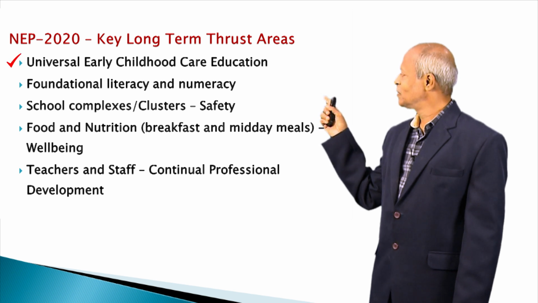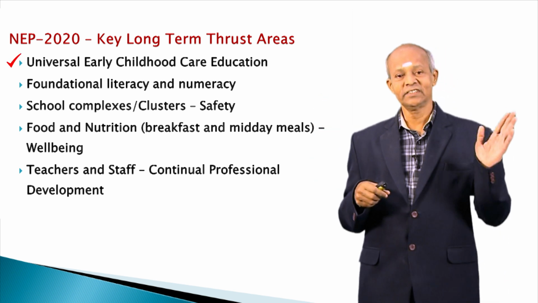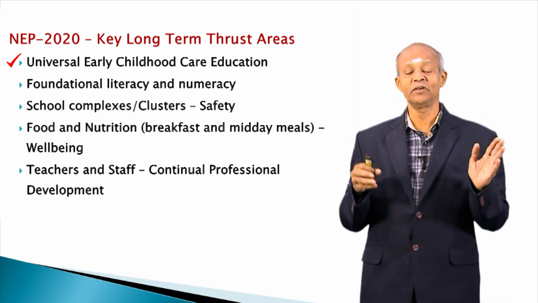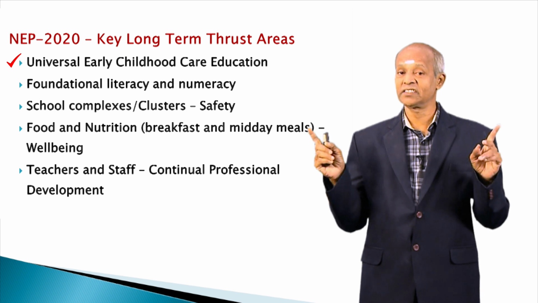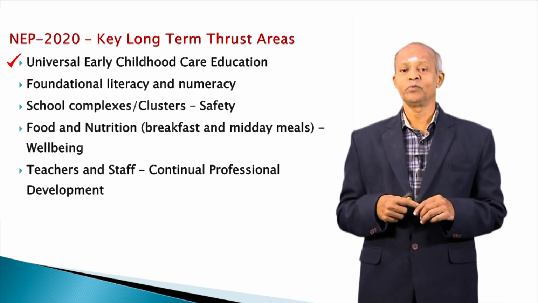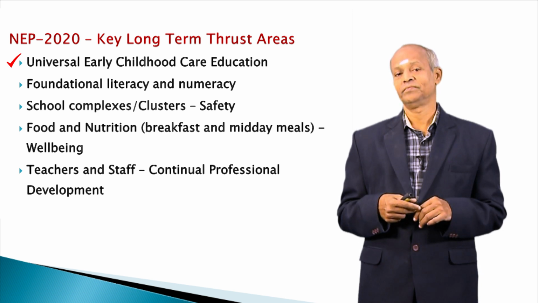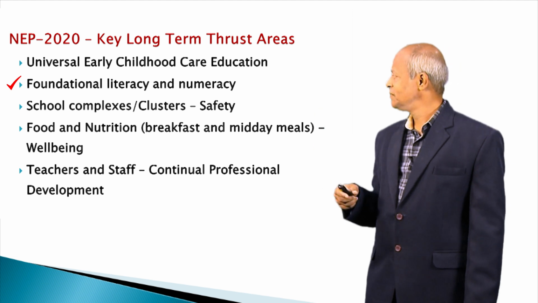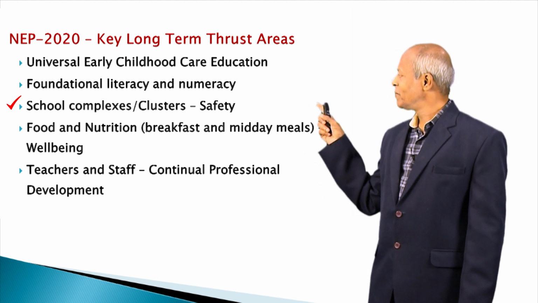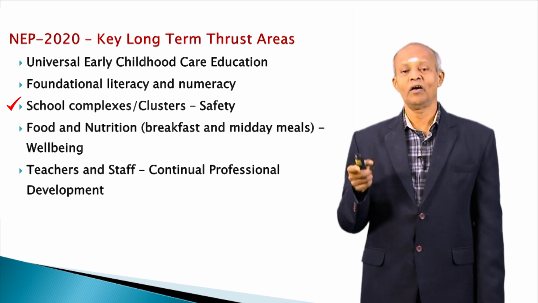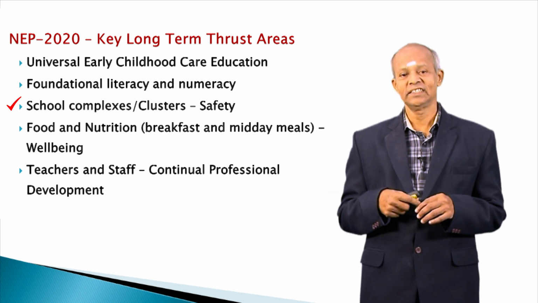Universal early childhood care and education, already we have seen that early childhood care and education means from age 3 to 8. So it is universal, that means all the children in that age group should be given education. And the foundational literacy and numeracy, the school complexes or clusters. The NEP is introducing the school complex. What is a school complex?